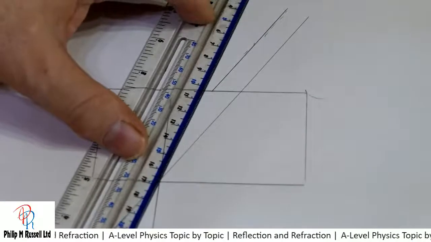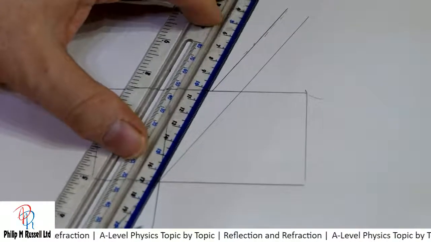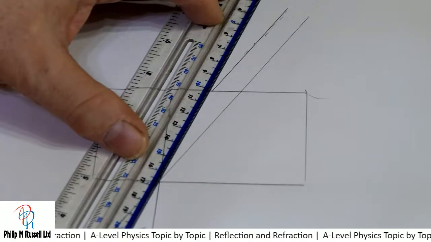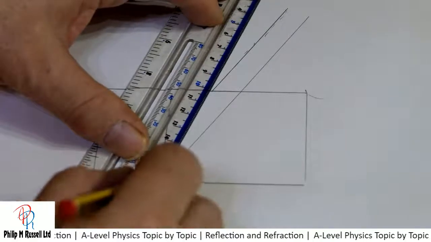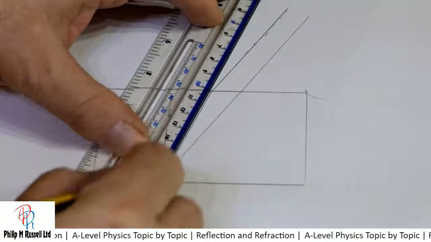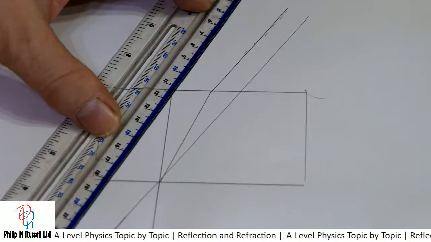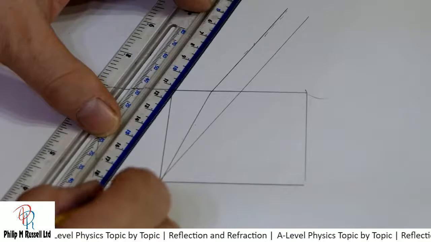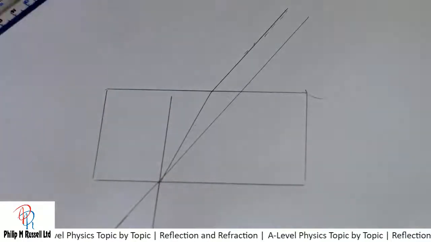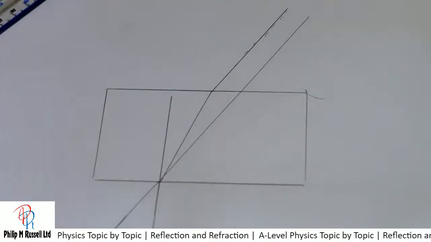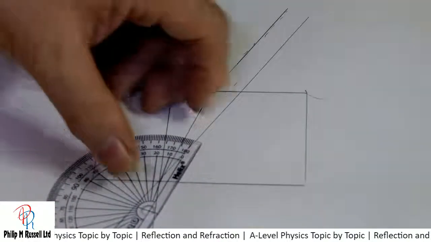And let's see if I can draw this in. I'm not sure I got my normal exactly in the right place there. Let's go and have a look and see what we've got.